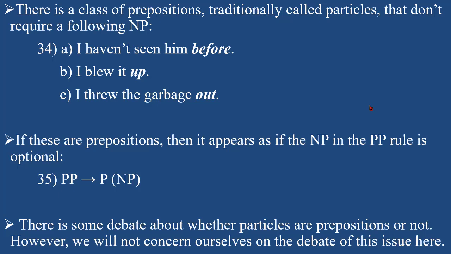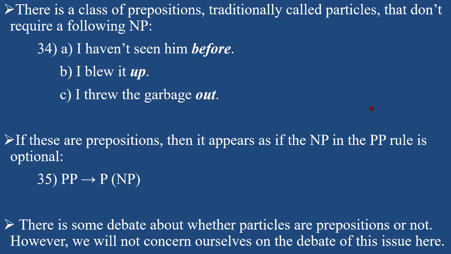So if these are prepositions, I don't know if they are considered prepositions, but if they are, then it appears as if the NP in the PP rule is optional. So we may say that a preposition phrase consists of a preposition and an optional NP. There is some debate about whether particles are prepositions or not. There are a lot of debates on this issue.